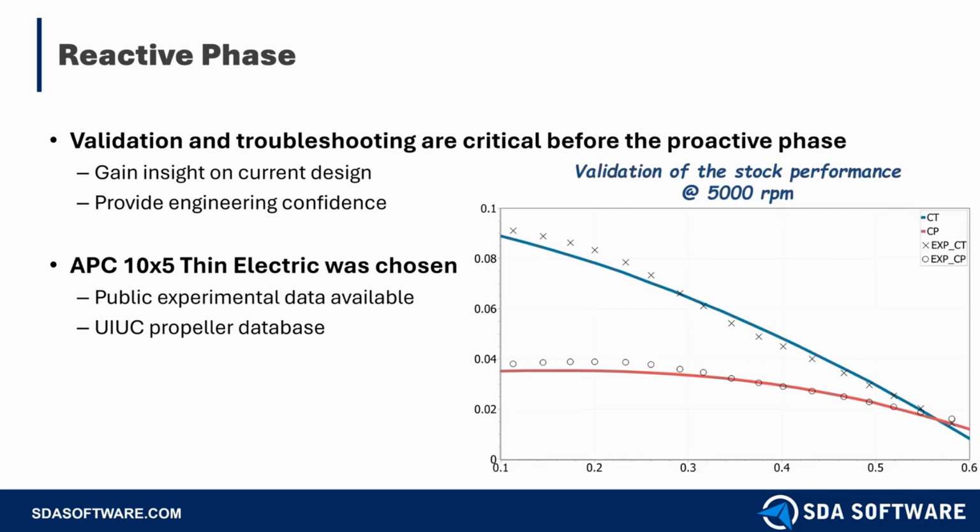When we did our validation for the stock performance, we have the numerical prediction in this chart in solid lines, and the experimental data as data points. We can see that the numerical result follows the experimental result really closely. So we have really strong confidence that we can rely on it for our new designs, essentially.